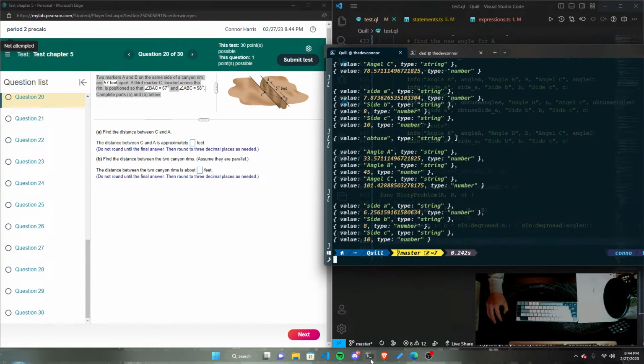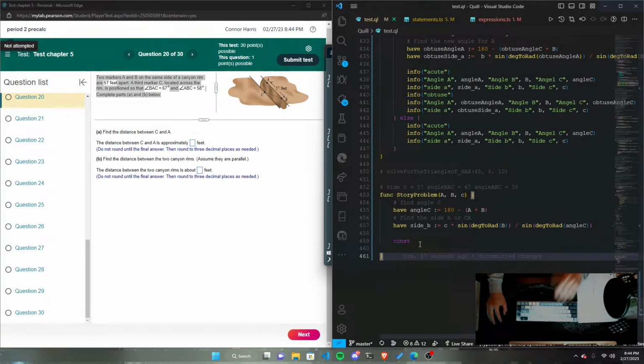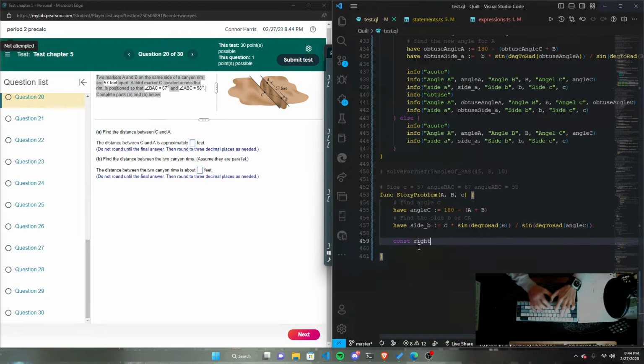Because it's a right triangle angle, we need to define it as a new value. So let's do right triangle, I guess, because a right triangle has its base at 90 degrees. Triangle angle is equal to 90.